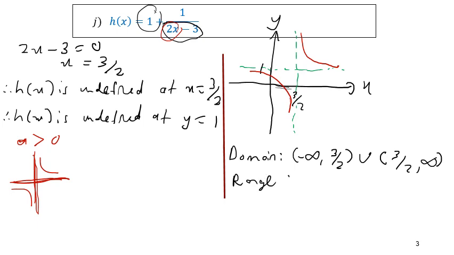And the range, okay, so here we know that it's undefined at 1 at y, so this is 1, this is also 1 right here. And here we start with negative infinity until 1, and the other interval from 1 until positive infinity. So this is how we sketch the graph and find domain and range for this question.